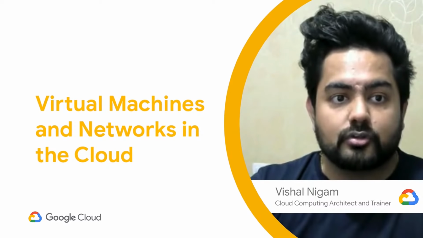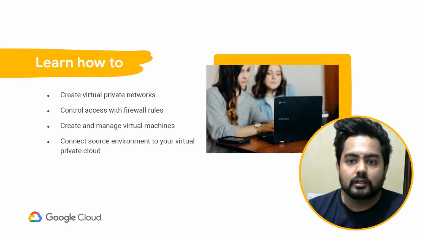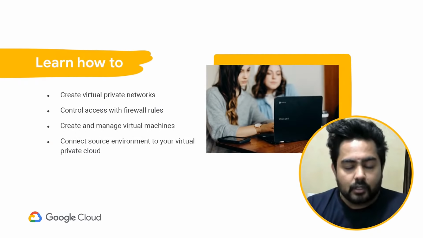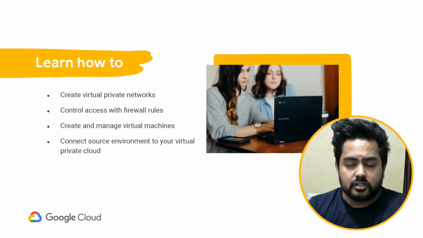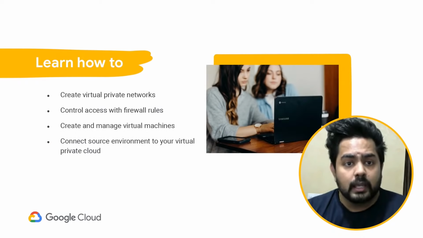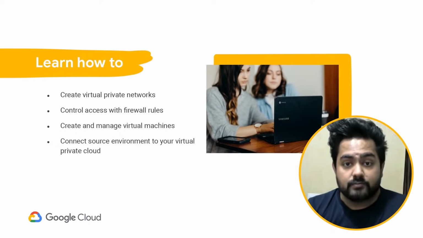All right, so let's understand now. In this section, we will learn how to create a virtual private cloud, how your networks are actually hosted on Google Cloud infrastructure. You will be running a virtual machine and you will be having a network. You must really know how that network is set up. You're going to learn how you control the access to your network with firewall rules.